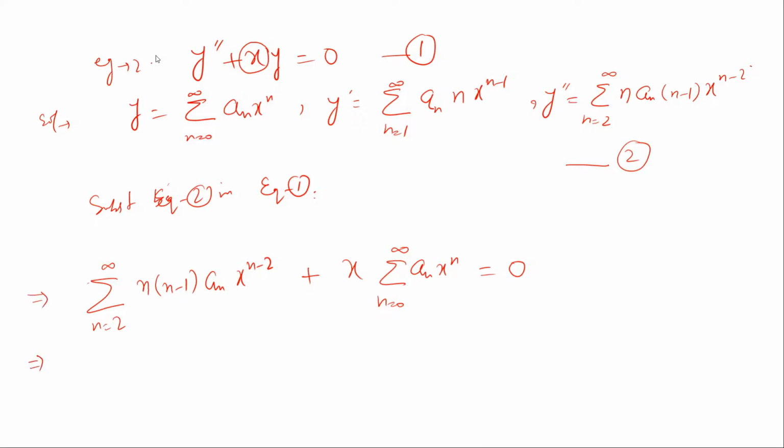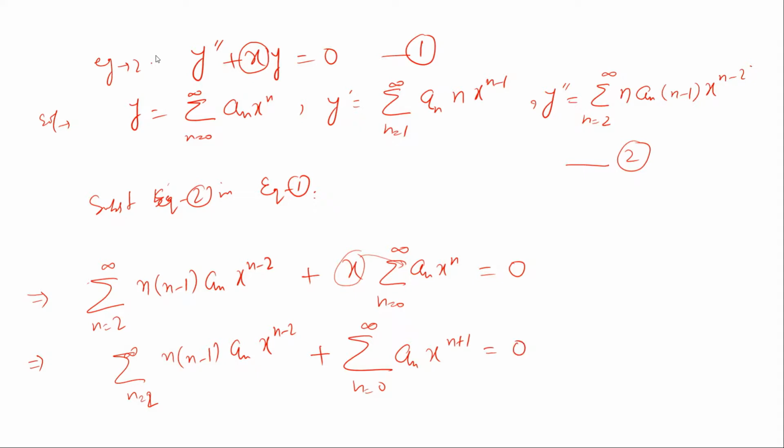So now we can take this x and enter inside. Therefore we can write the sum from n equals 2 to infinity of n into n minus 1 a_n x to the power n minus 2 plus the sum from n equals 0 to infinity of a_n x to the power n plus 1 equals 0.